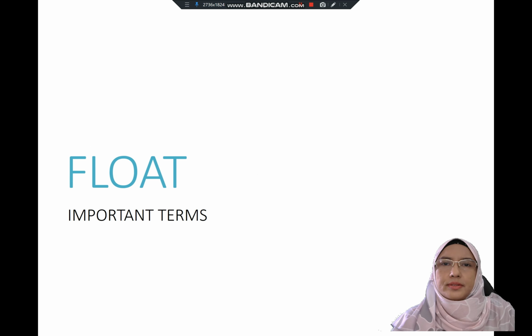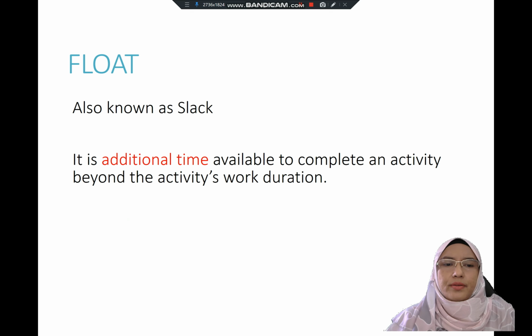The next important term that you need to know is float. Float is also known as slack. It is additional time available to complete an activity beyond the activity's work duration, which means float is extra time for an activity to complete.